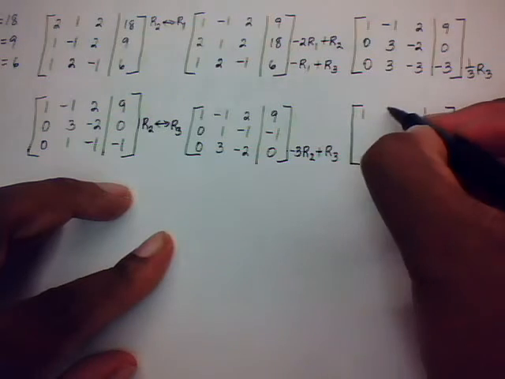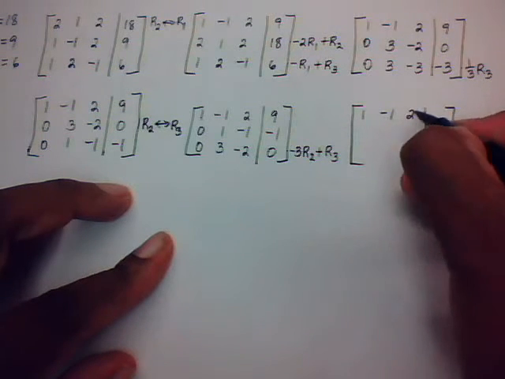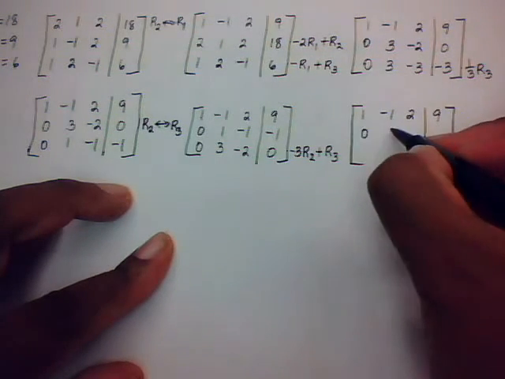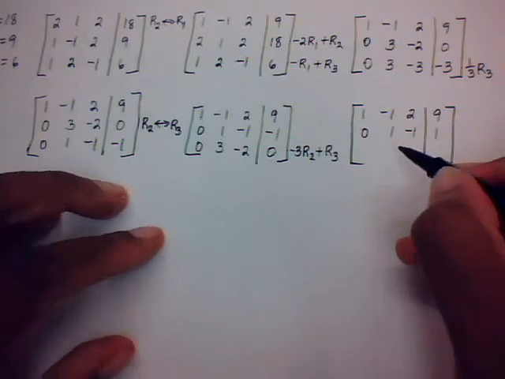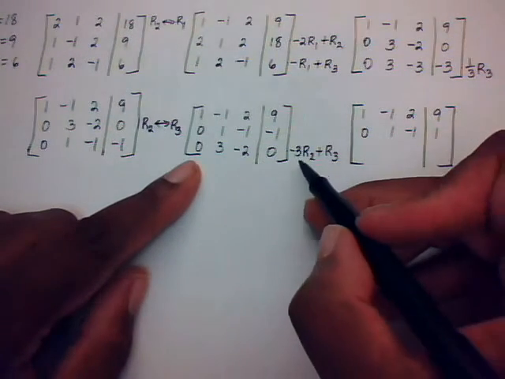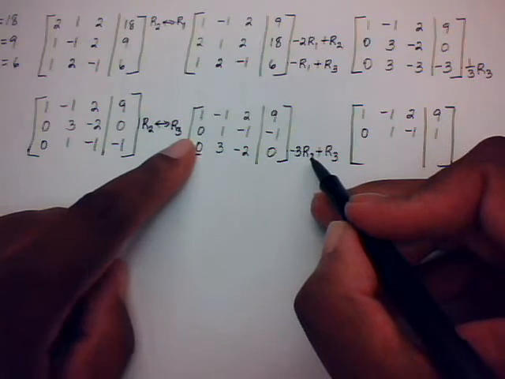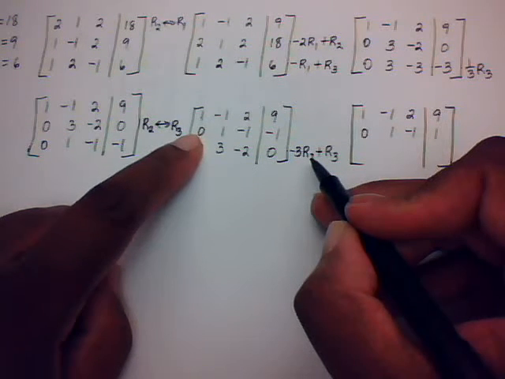The first 2 rows remain the same. And in this case here, -3 times row 2 plus row 3.